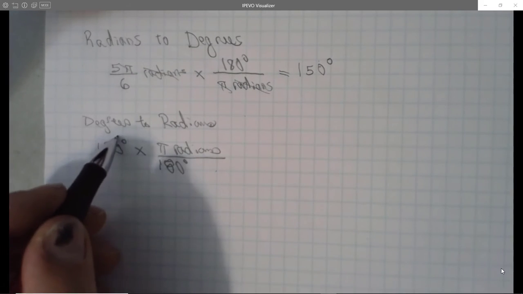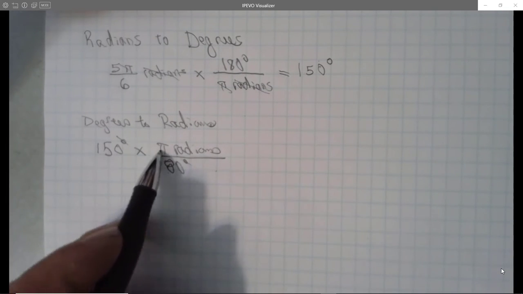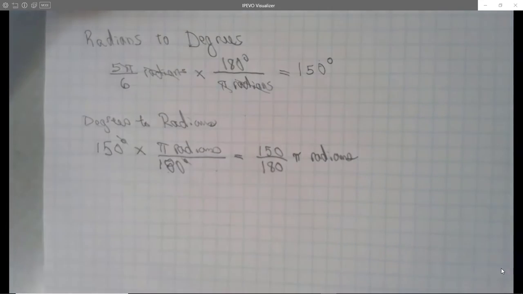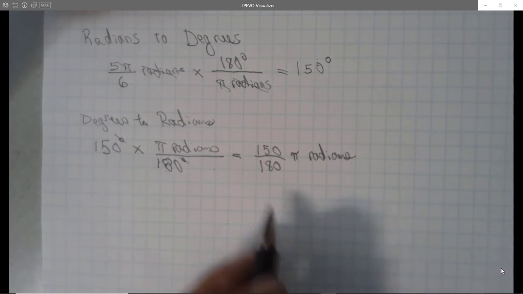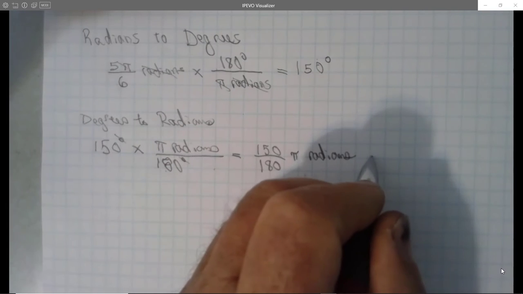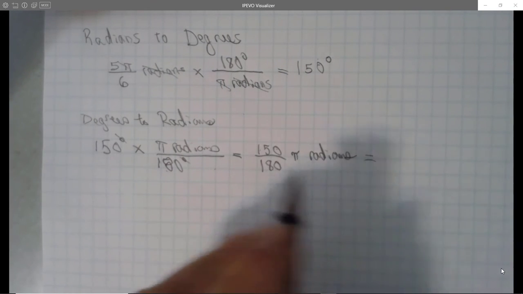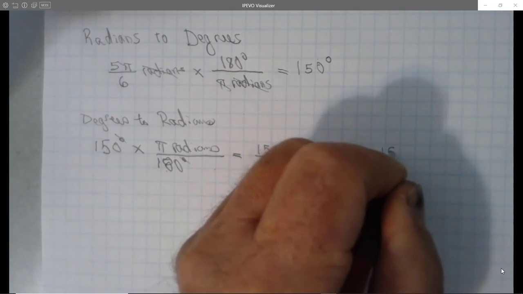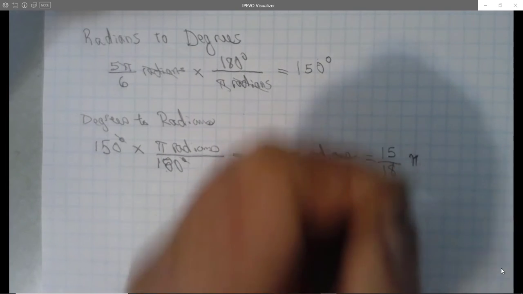So in this case, the degrees cancel out. We have 150 over 180 times pi. Now that was supposed to come out to be 5 pi over 6, right? Well, it will if we keep working on it. Let's take the 150 and the 180, divide them both by 10, so I get this down to 15 over 18 pi radians.